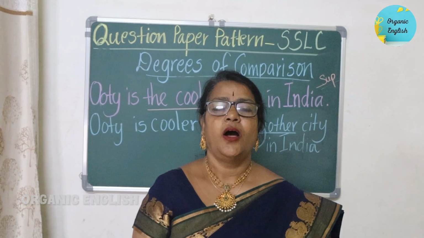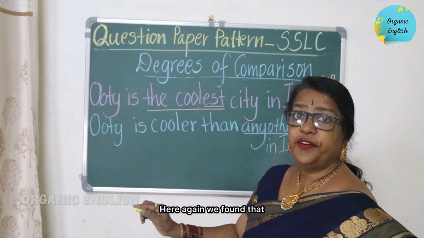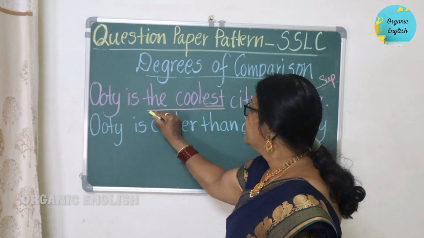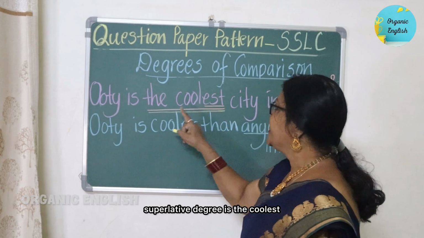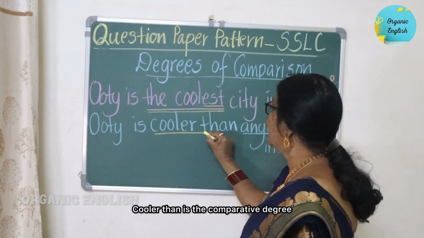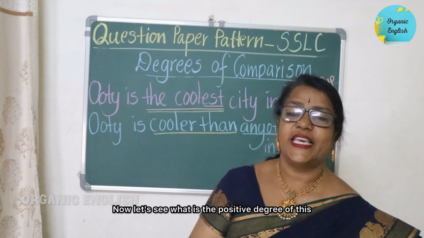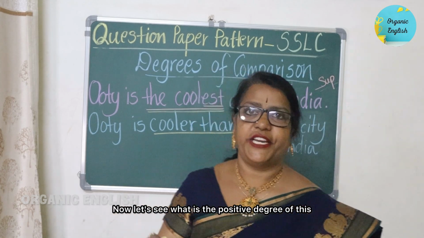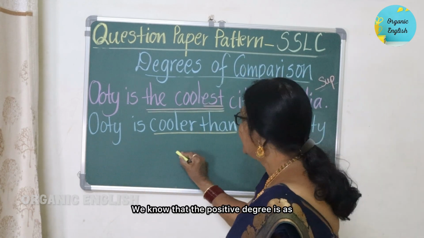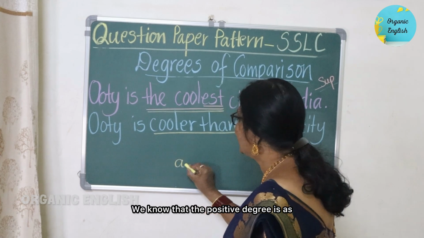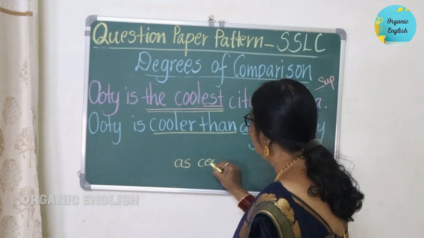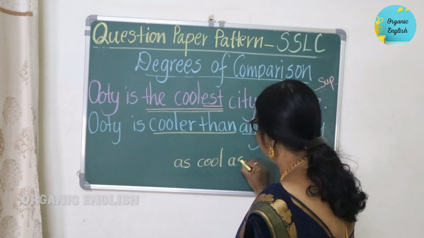Shall we? Here again we found that the superlative degree is the coolest. Cooler than is the comparative degree. Now let's see what the positive degree of this is. We know that the positive degree is as cool as.